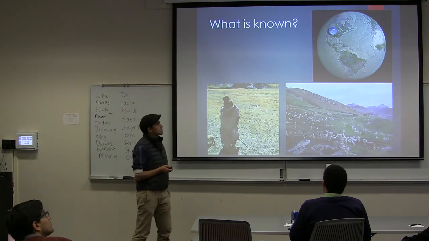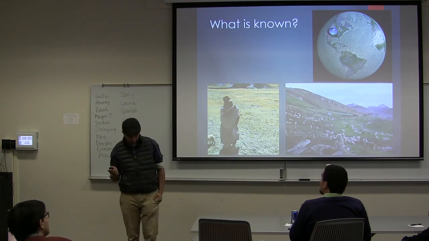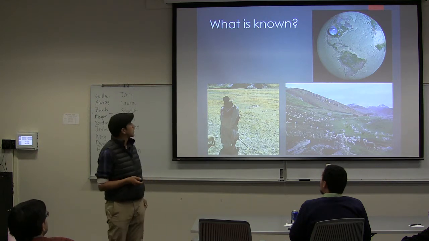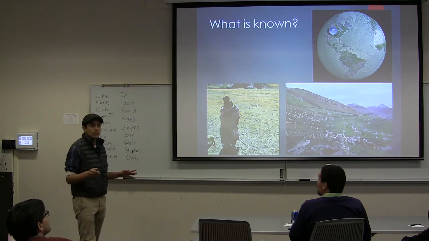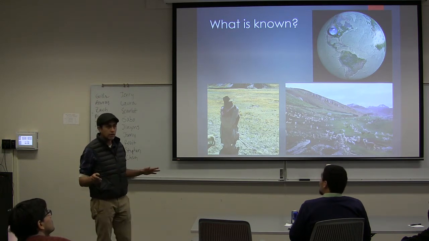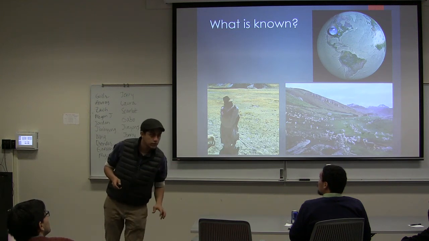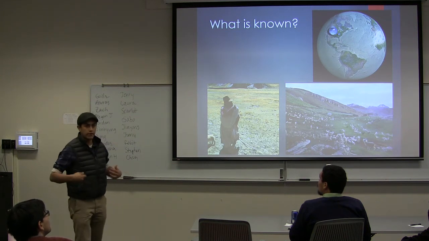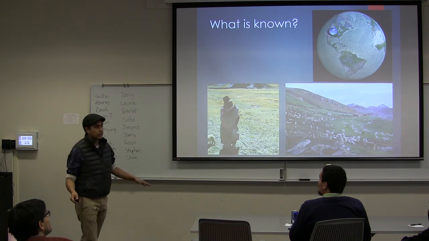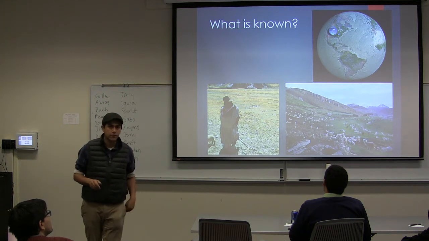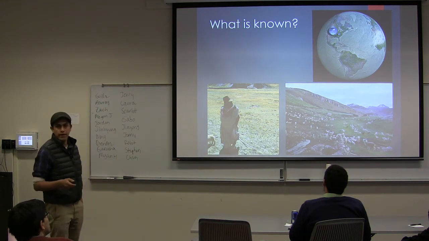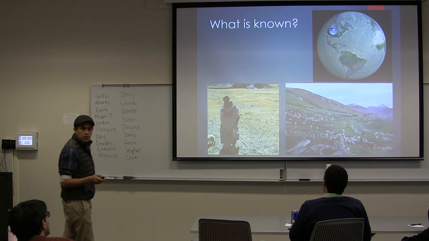So what is known? Some of you already saw these images from me. We know, for example, that if we put all the water in the world, and by this I mean all the water, including the water of our tomatoes, the water of our bodies, the water underground, and the ice caps, it will have a sphere of more or less the radius of 200 miles, or 1,000 kilometers.